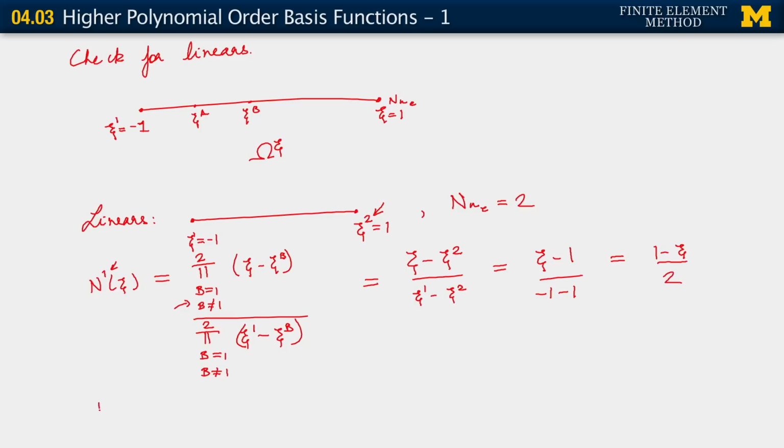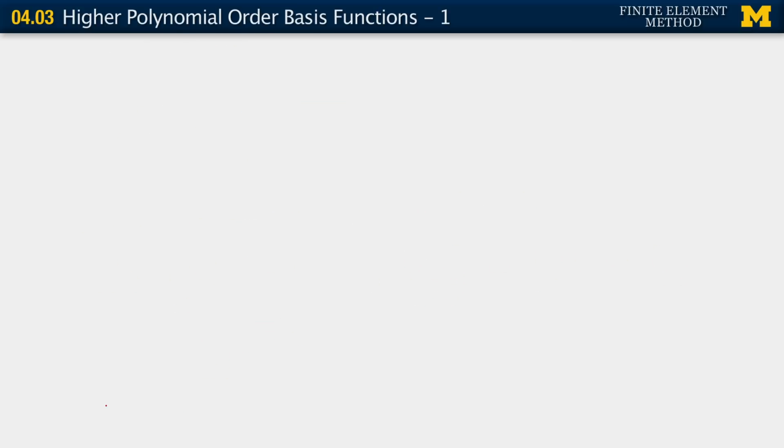Taking the same sort of approach, what you will find is that N2(ξ) equals the product. Probably don't have quite enough room here, so let me go to the next slide. N2(ξ) equals the product B equals 1 to 2.